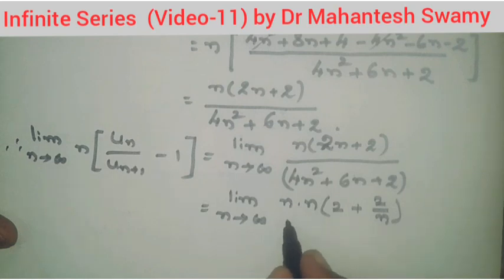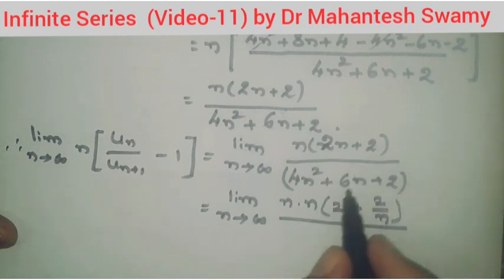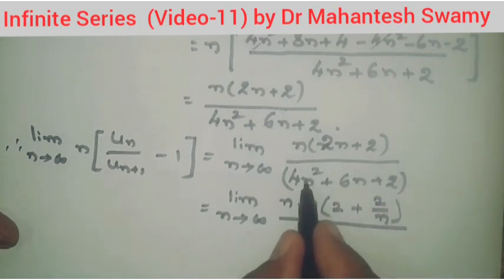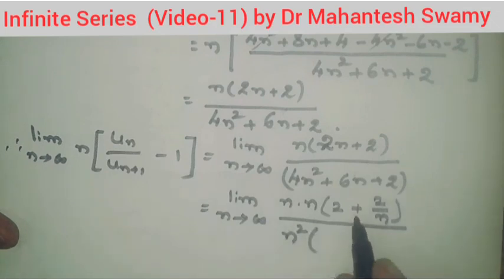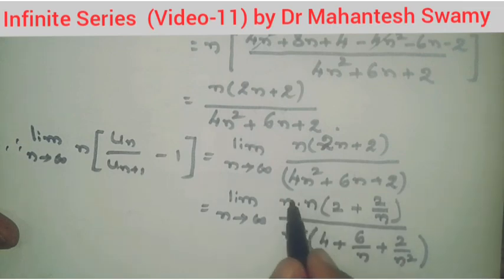So this is the usual work I am doing here. I have taken n common in the numerator. In the denominator I should take the highest power, that is n square, common. When I take n square common, here it is 4 remaining, plus here it is 6n by n square, therefore 6 by n remaining, plus 2 by n square remaining, because I am taking n square common. So this much. Now n into n square cancels with this n square.